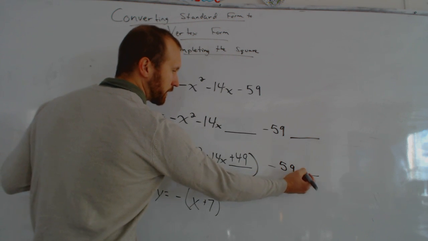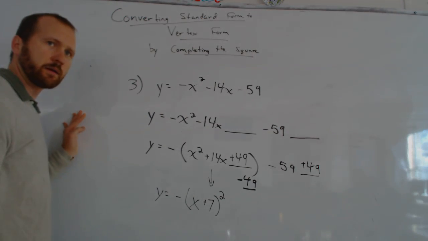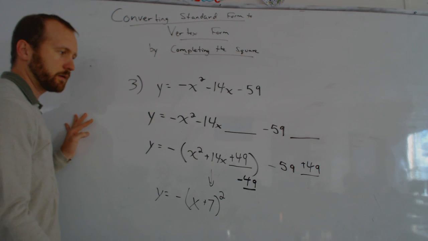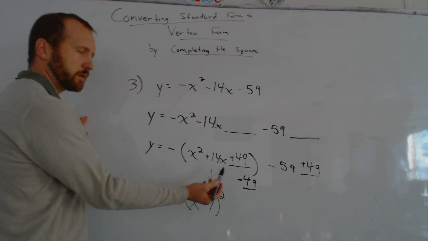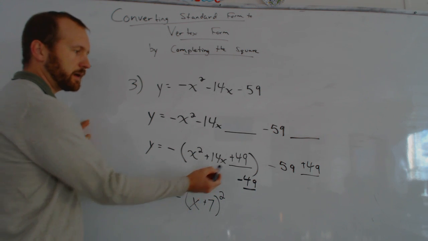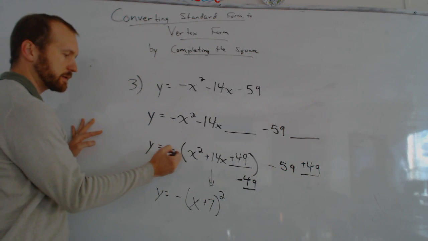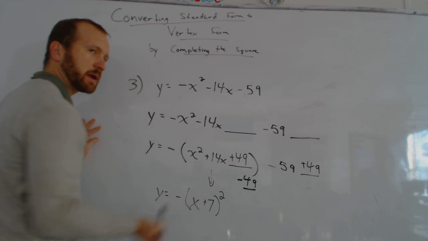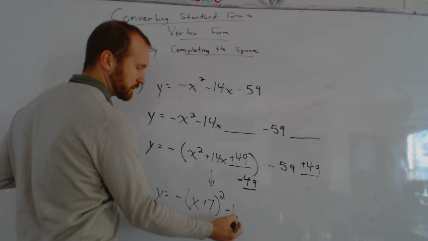So then over here, I have to do plus 49. Do you guys see why I did that? It kind of looks like I added 49 twice, but this is technically a minus 49. And then the minus 59 plus 49 is minus 10.